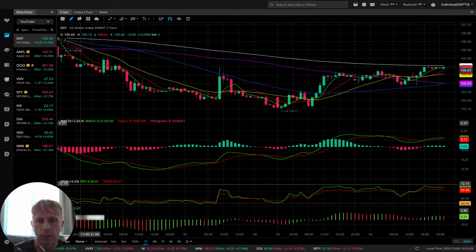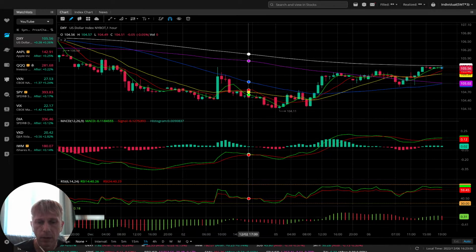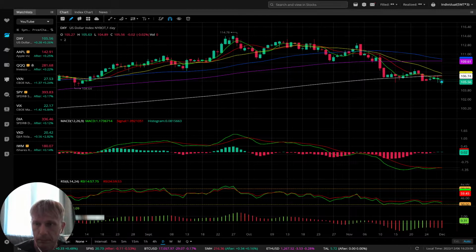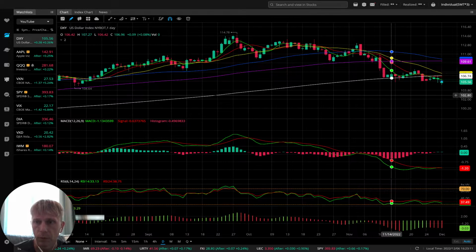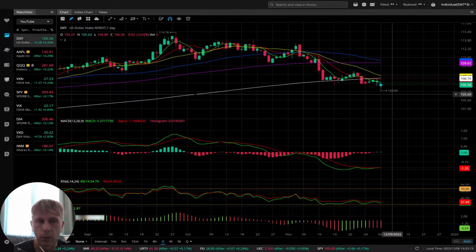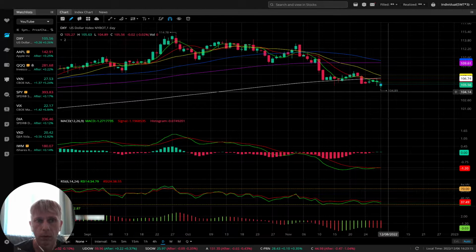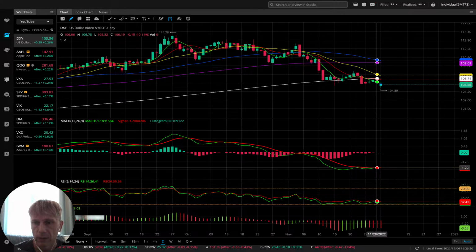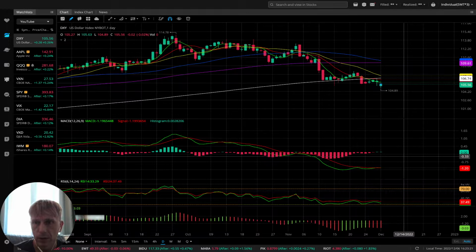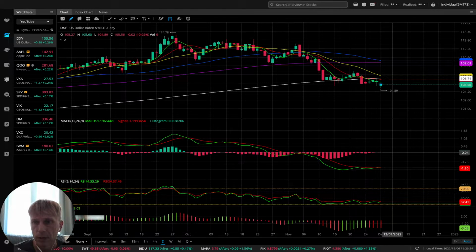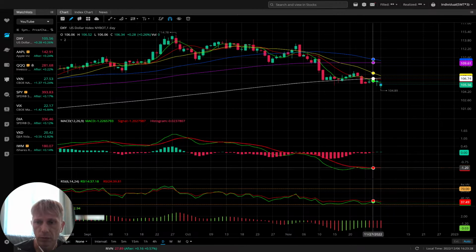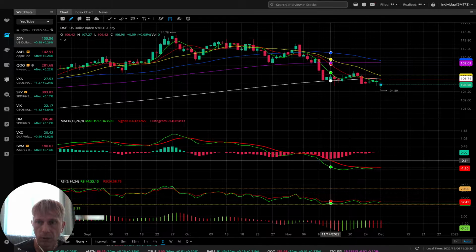Let's start from dollar, on daily. Dollar was bullish. MACD, just 2 days ago, did a bullish crossover and bullish divergences, right?